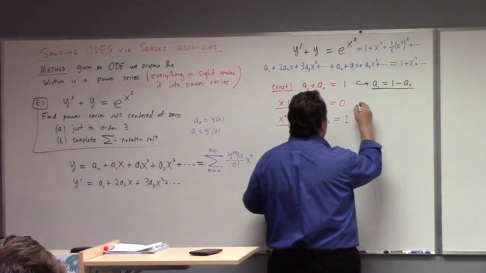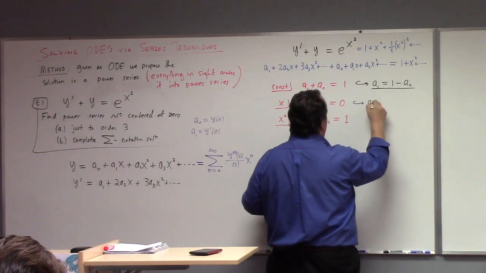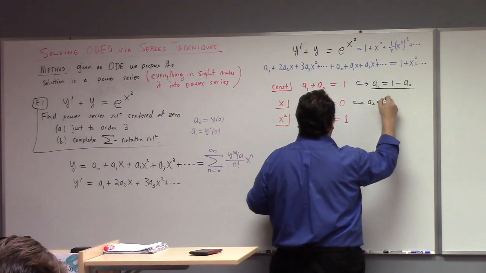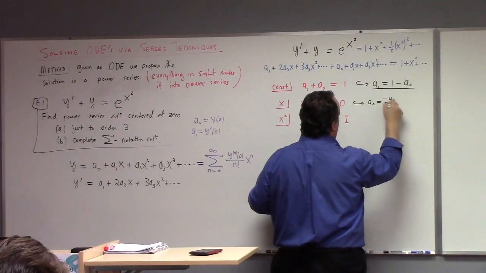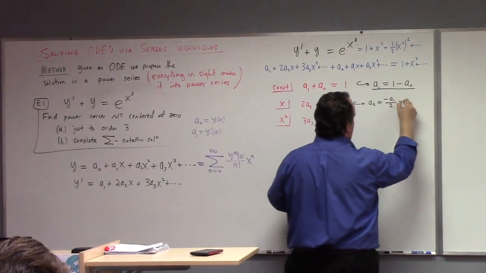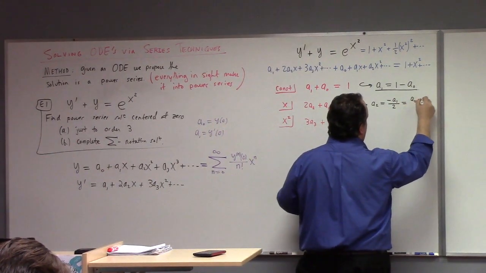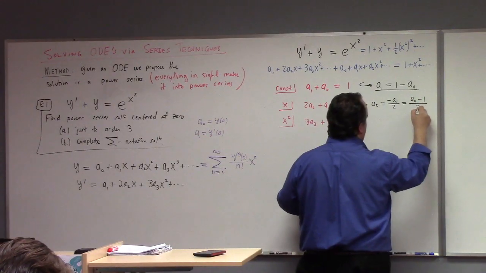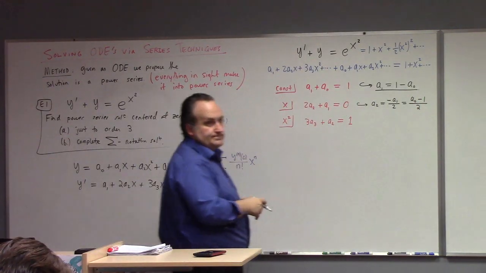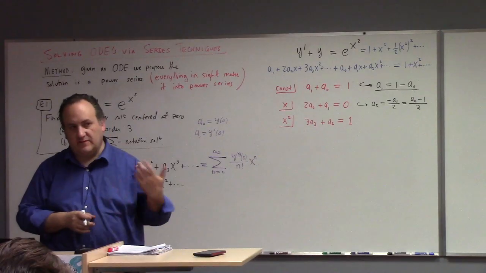And this one tells me a2 is equal to minus a1 over 2, which is also a0 minus 1 divided by 2. See what I did there? I plugged the first equation into the second.